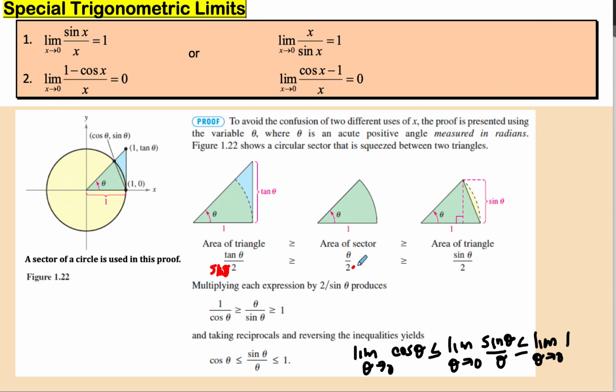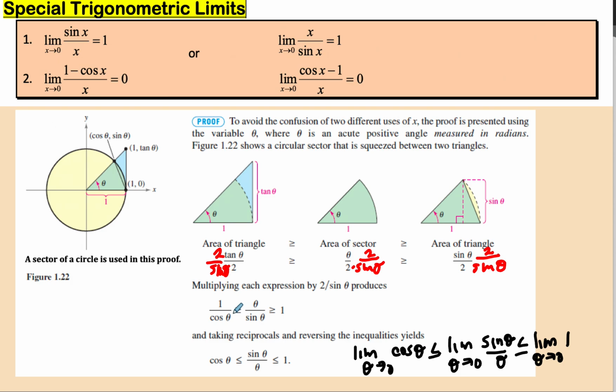I'll put sine of theta in the denominator here, and sine of theta down here. And I'm also multiplying by 2 over it so that I can get rid of the 2. Okay, so now this becomes 1 over cosine theta, and theta over sine of theta, and then this becomes the number 1.